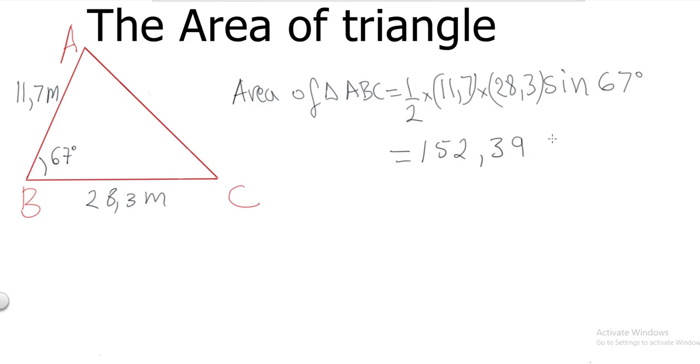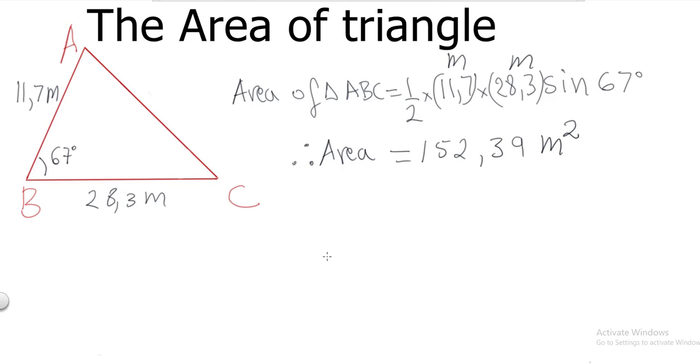Because it's meter, we can say meter squared, because remember, meter times meter will be meter squared. So very simple to find the area. So we say the area of this triangle will give us something like this.